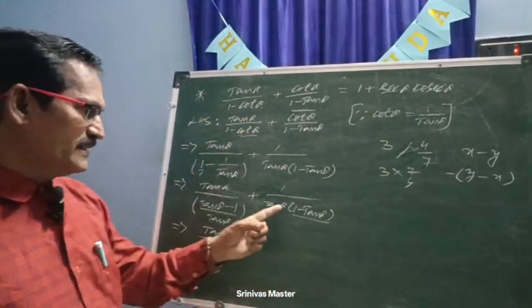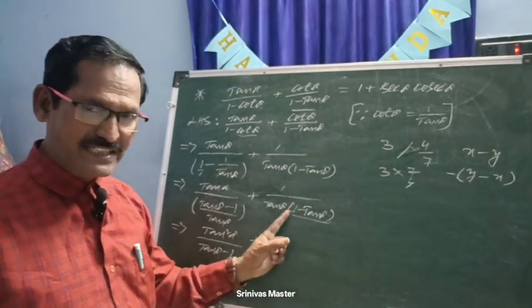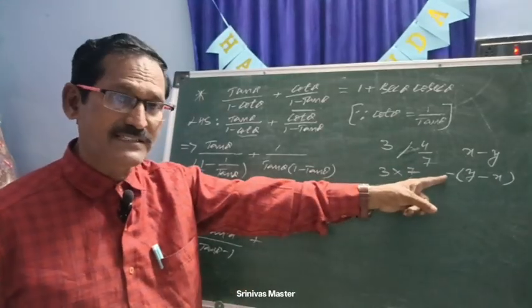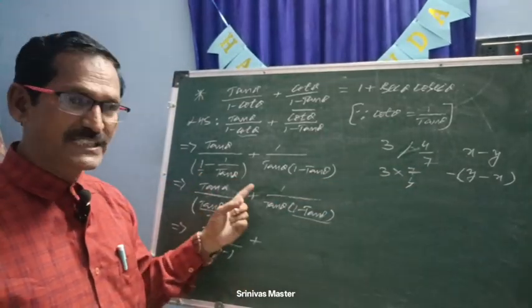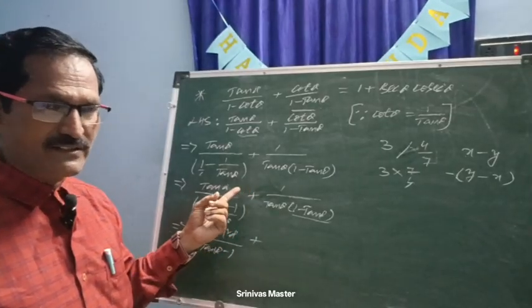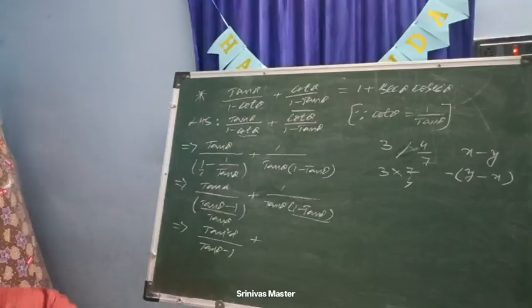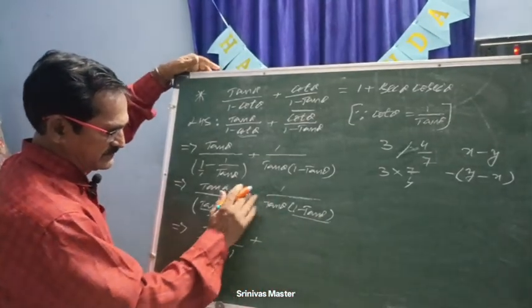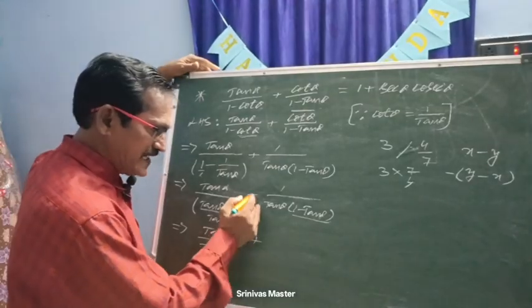How am I writing? In the place of 1 minus tan theta, I will write tan theta minus 1. If I write tan theta minus 1, what is common? Minus. Here already what is there? Plus. Plus by minus means what? Minus. You know that, what you learned in the previous class. So in the place of plus, we can write minus. Here is as usual, children.